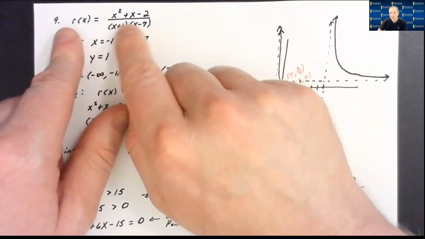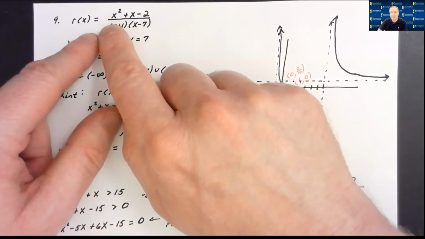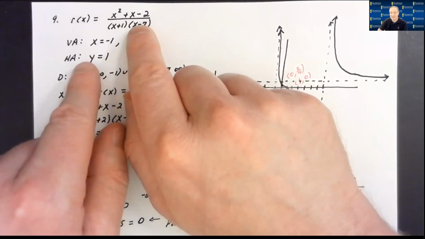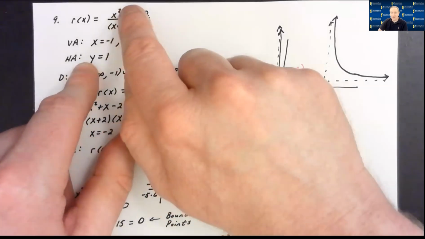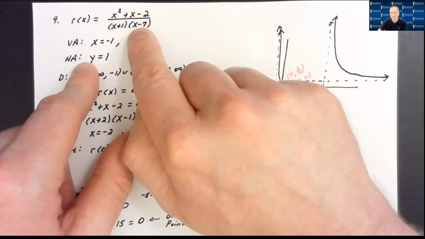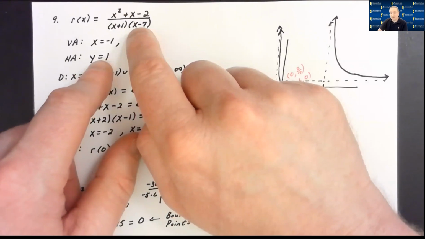Now, even though this denominator is factored, you can tell that the leading term of that denominator would be a 1x squared. The reason I mentioned that is because for the horizontal asymptote, anytime the degree of the numerator and denominator is the same, they are both 1x squared, then the horizontal asymptote is going to be at y equal to the fraction of the leading coefficients.